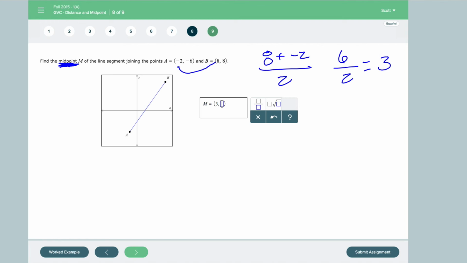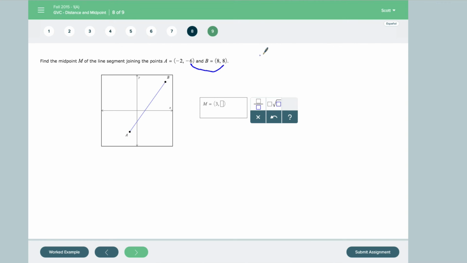Okay. Now my next number, 8 plus a negative 6, is 2. And 2 divided by 2 is 1. So there's our 1. And that's the answer. That's all you have to do on that one.